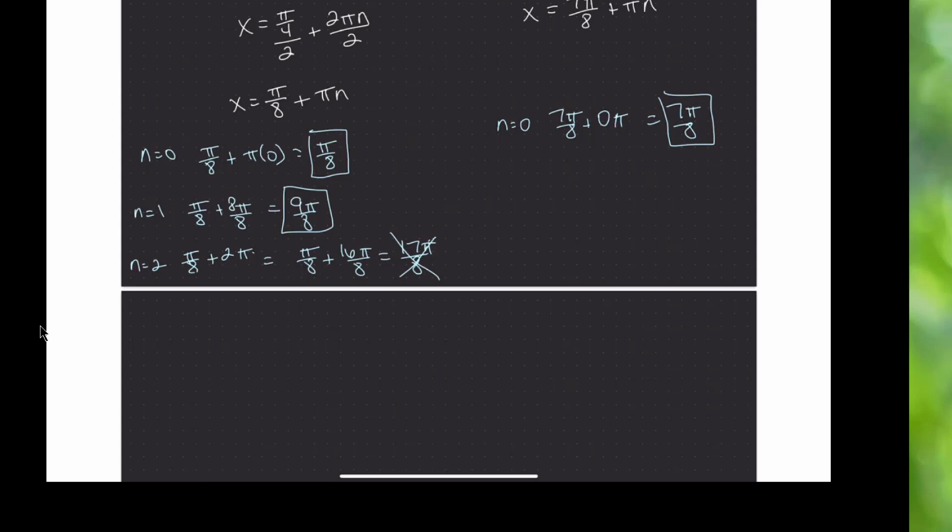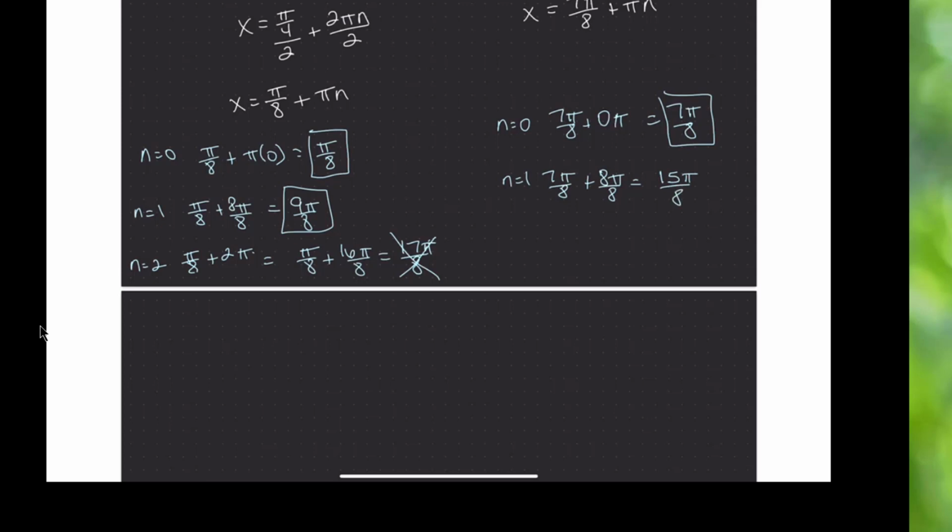And then we're going to plug in n equals 1. So 7 pi over 8 plus pi. But you've got to have a common denominator, so that's going to be 8 over 8, right? So that's going to give me 15 pi over 8.